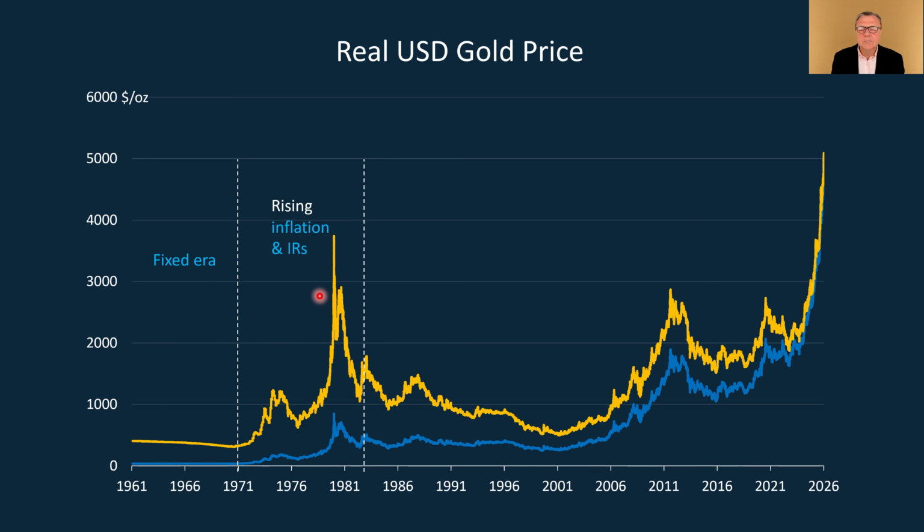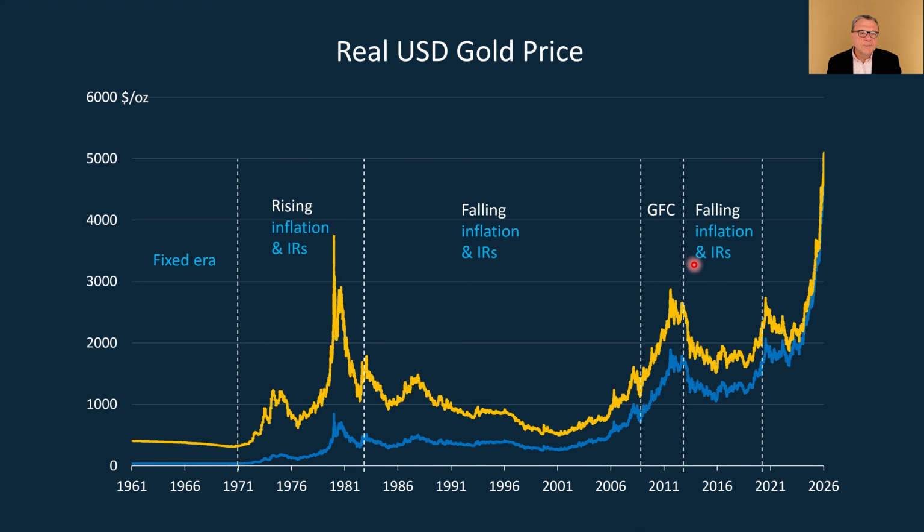So in the 1970s, rapidly rising inflation and the price of gold going up. And then in the 80s and 90s and all the way up to the GFC, falling inflation and the price of gold going down. And then the GFC was its own thing, was mostly a credit crisis. This part here was a sovereign debt crisis where Greece nearly went out of the Eurozone.